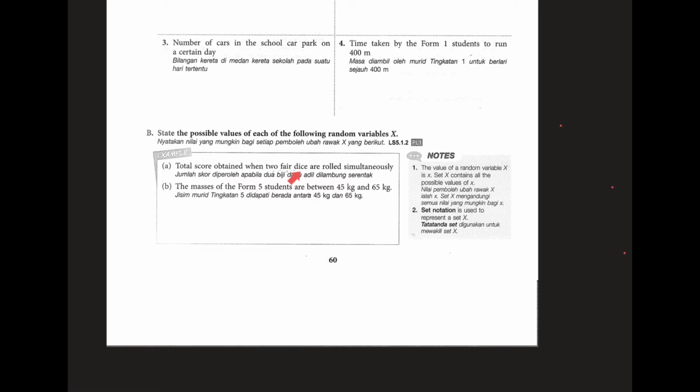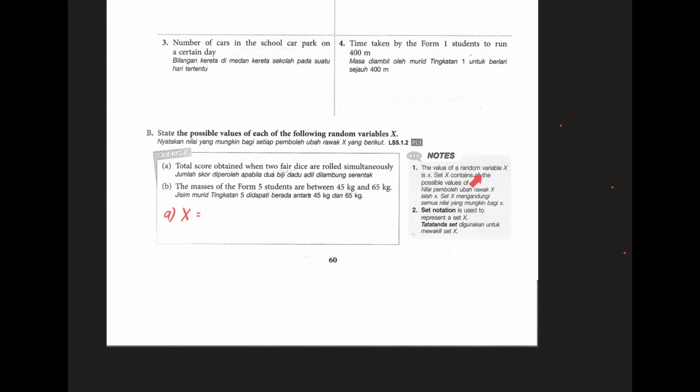Okay, you are rolling two fair dice, so we write it down here. The possible values. Okay, so x can take, let's say, put in set. You see, the values of a random variable x is x.